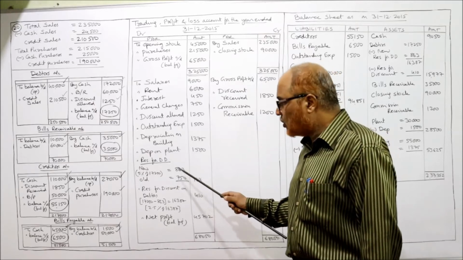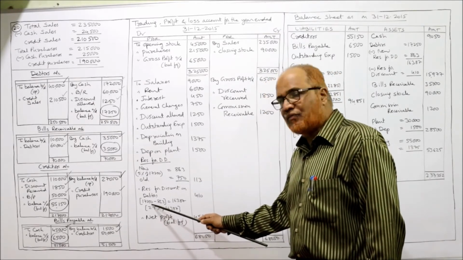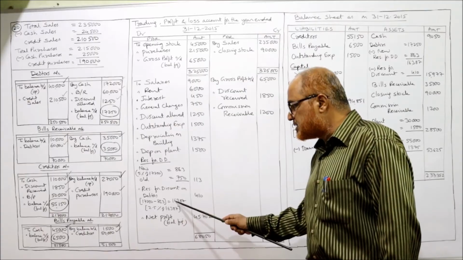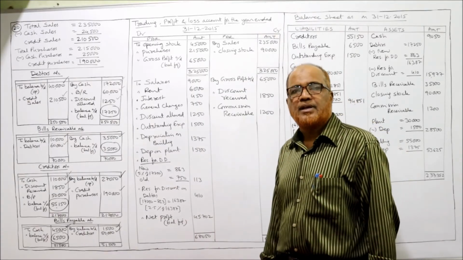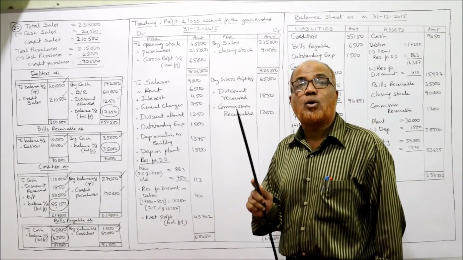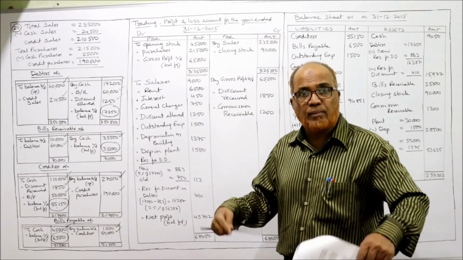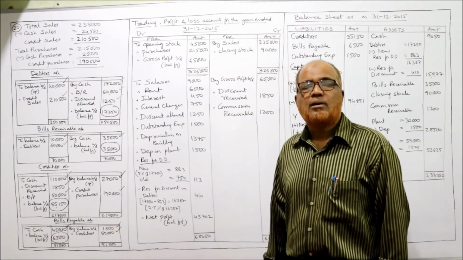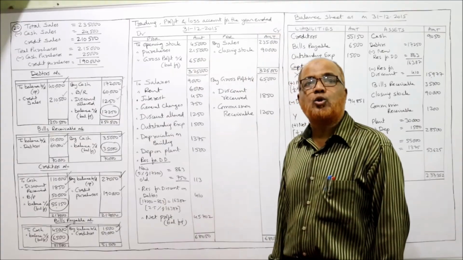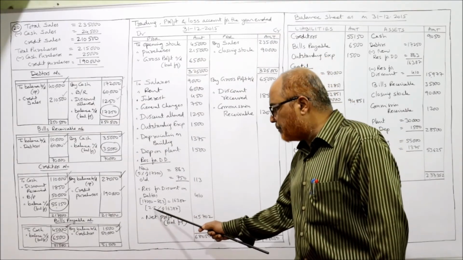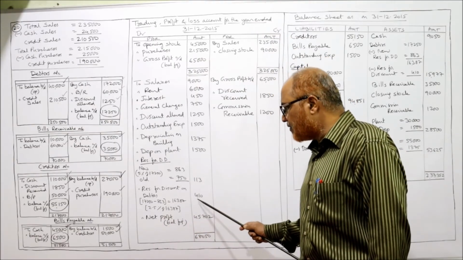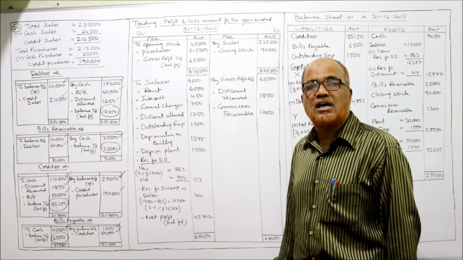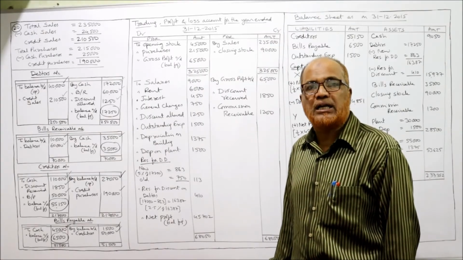So deduct this new reserve, 17,250 minus 863, 16,387. 16,387 are the good debts, recoverable debts. On this provision reserve for discount at 2.5%. So 2.5% of 16,387, 410 is the reserve for discount on debtors.